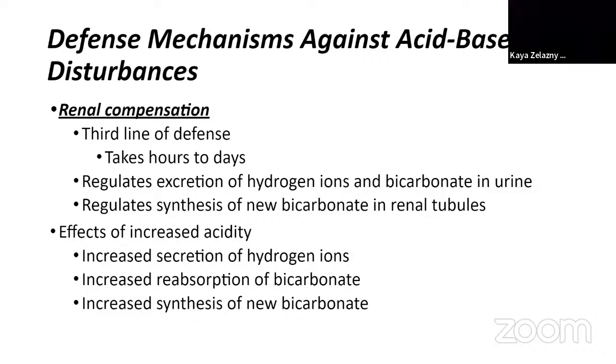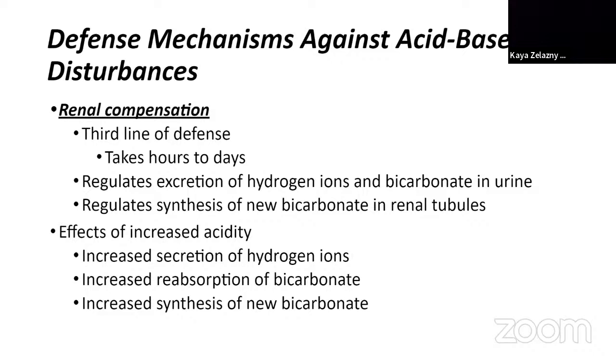So when we see increased acidity in the plasma, so when our pH goes down, meaning increased acidity, we're going to be trying to get rid of hydrogen ions. So we're going to increase their secretion into the tubular fluid, therefore increasing their excretion, increasing how fast we're getting rid of hydrogen.